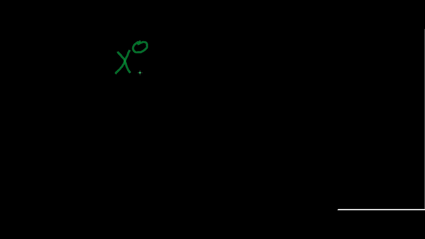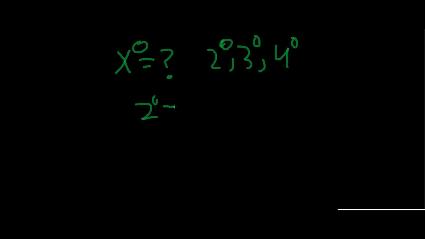Or tell me what 2 to the 0 is. Or 3 to the 0. Or 4 to the 0. I will tell you that 2 to the 0 is always going to be equal to 3 to the 0, and it'll always be equal to 4 to the 0. It'll always be equal to x to the 0.